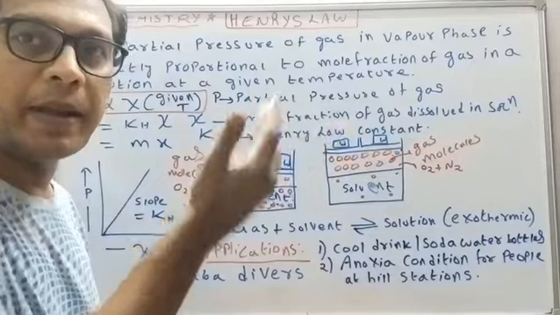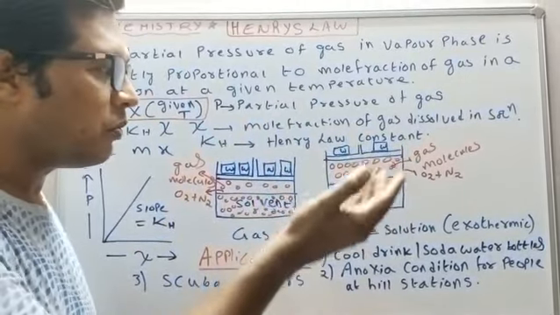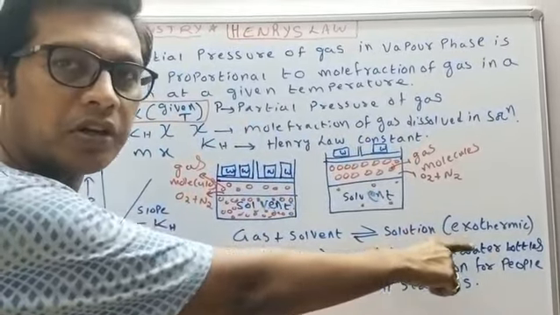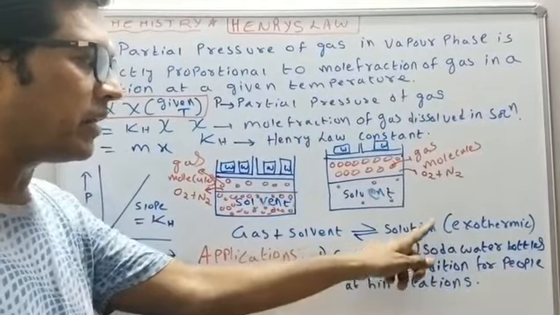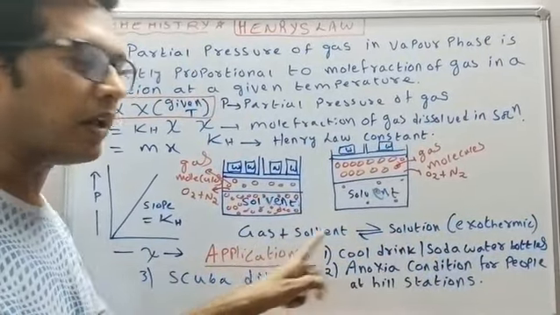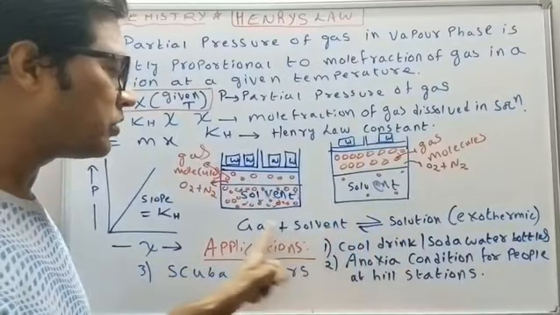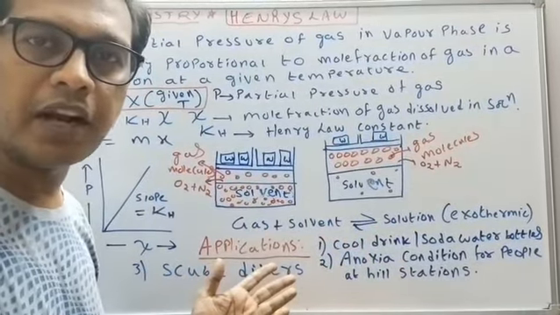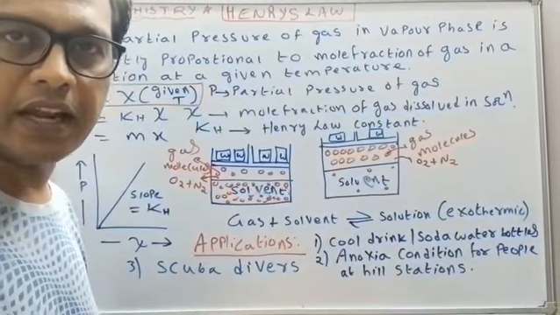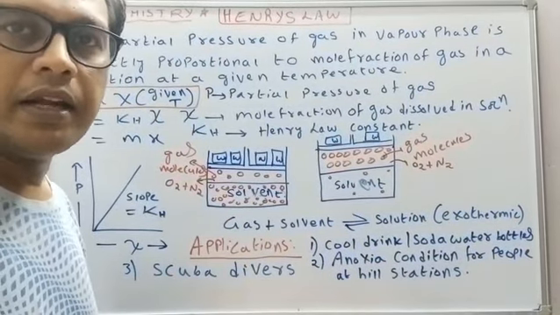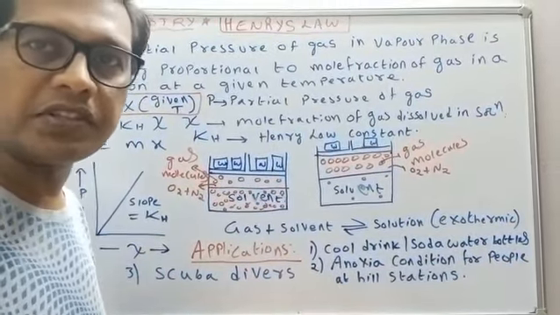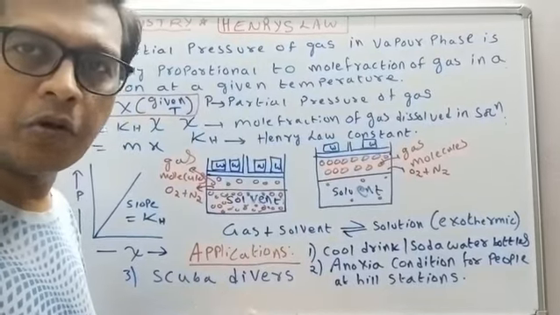In summer, temperature is more. For an exothermic reaction, the temperature should be less, but in summer the temperature is more. The backward reaction is favored, so the dissolved oxygen in the solution comes out. When the dissolved oxygen reduces, automatically the fishes will die. So that's why in summer the percentage of fishes dying is more when compared to winter.